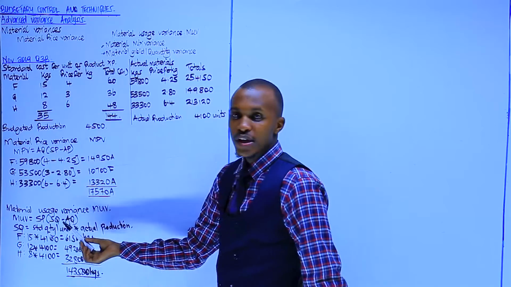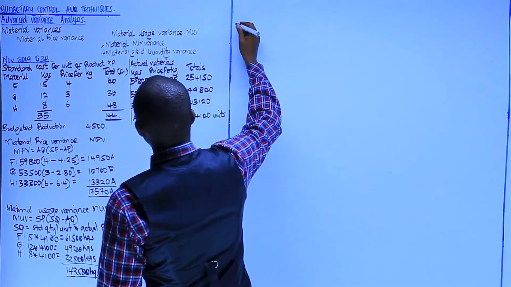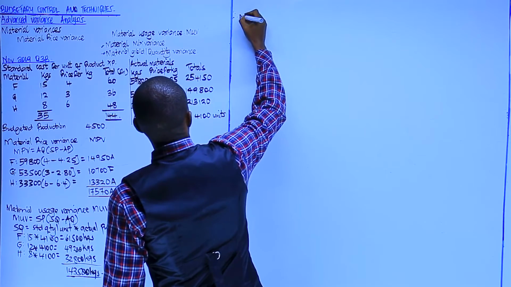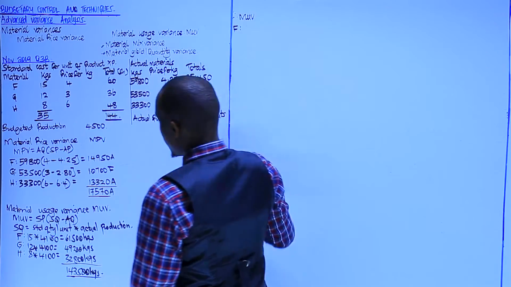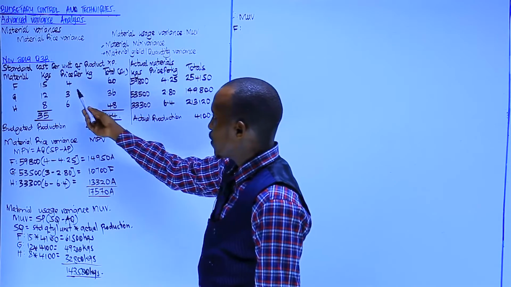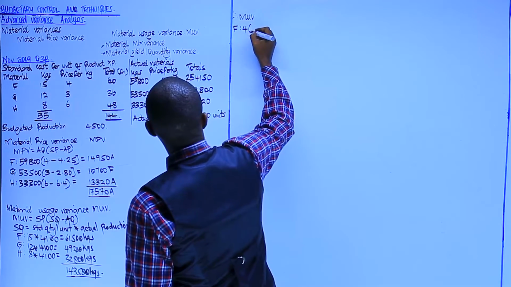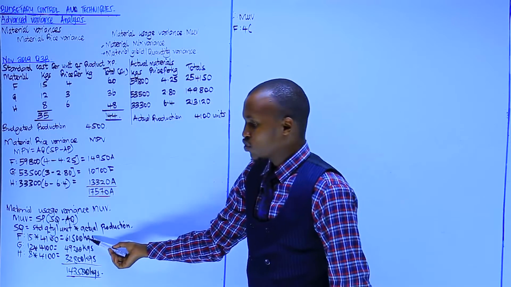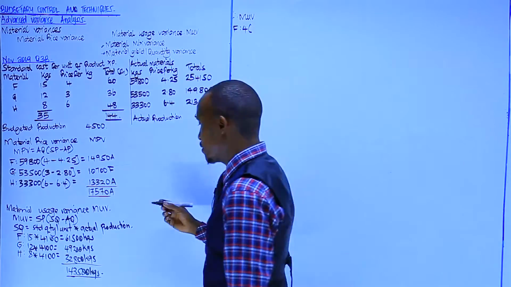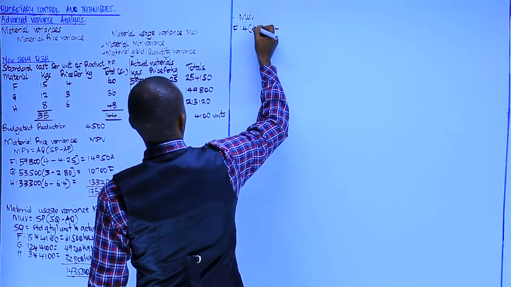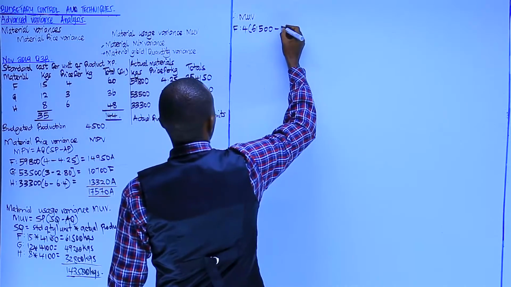But remember, we want our usage variance. So your material usage variance can start with F. Your standard price is 4 shillings. Your standard quantity of actual production, we've just calculated as 61,500, minus the actual quantity consumed, which was 59,800.